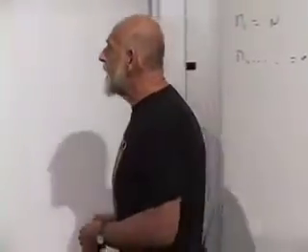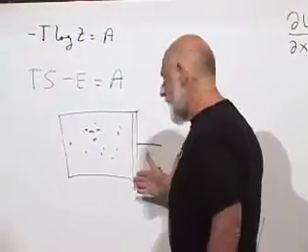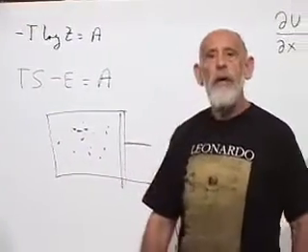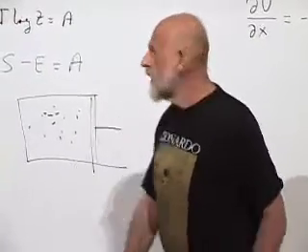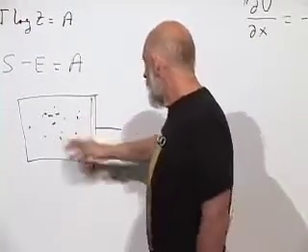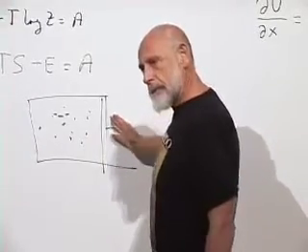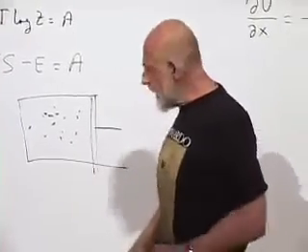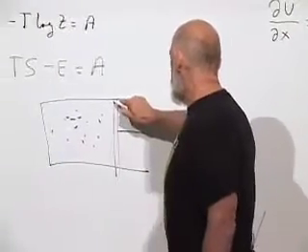Now, that suggests that we define the pressure, or the force on the cylinder here, on the piston, as the change in energy of the system with respect to motion of the piston. That's a good way to think about it.